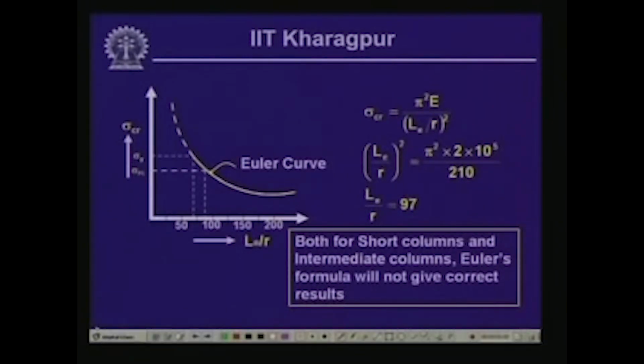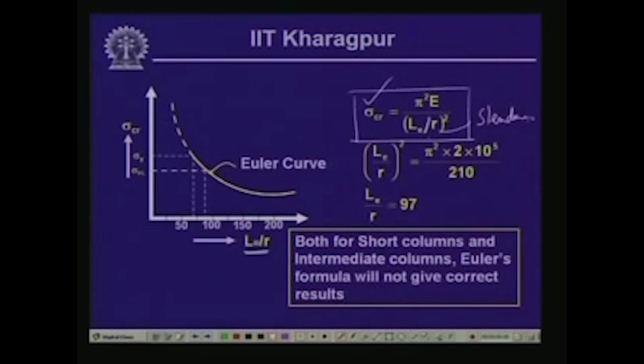Now, with this background, if we look into the variation of the critical stress with the slenderness ratio L_E by r, sigma_cr is equal to pi square E divided by L_E by r square, where sigma_cr is the critical stress and L_E by r we have designated as the slenderness ratio.